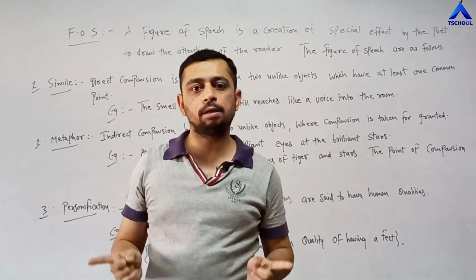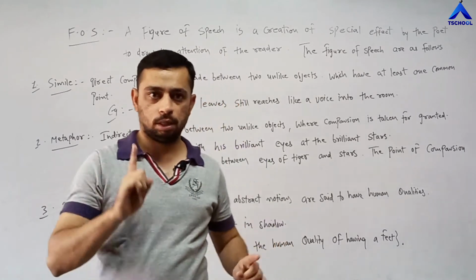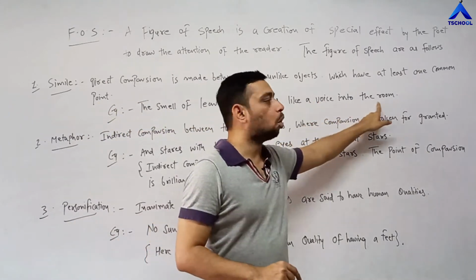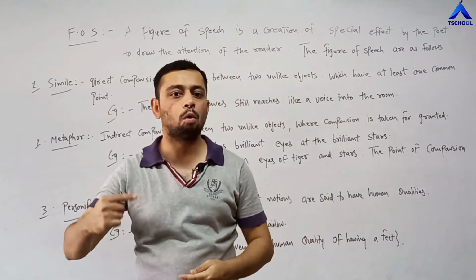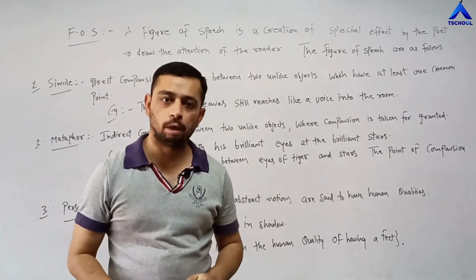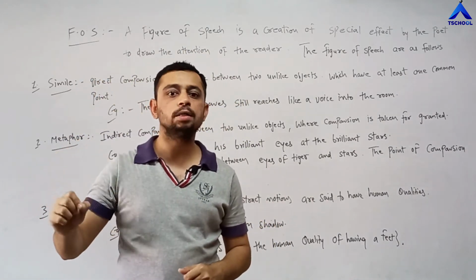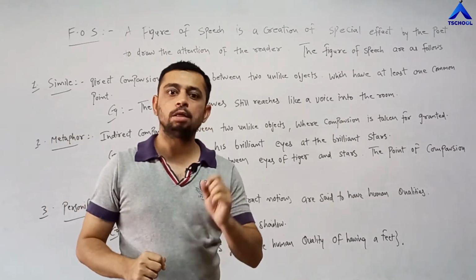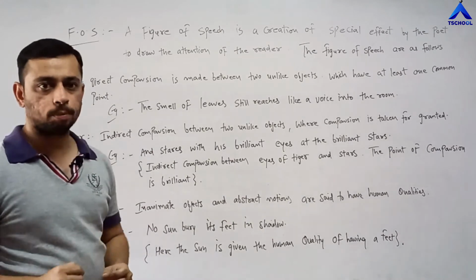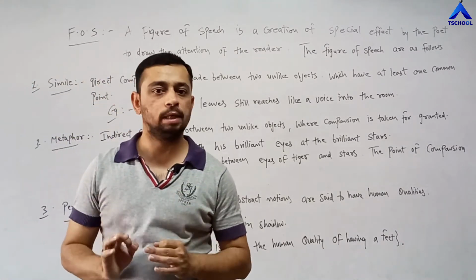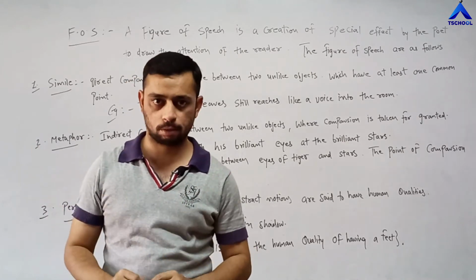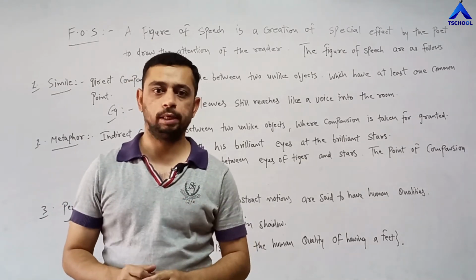So when there is a direct comparison between two objects, here between the smell of the leaves and the voice into the room, this kind of line, when you find it in the poem, this figure of speech is known as a simile: a direct comparison between two things or between two unlike objects.